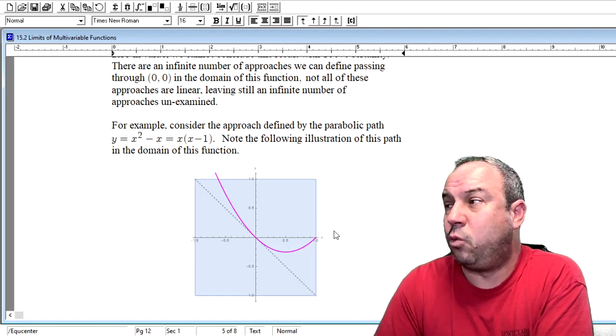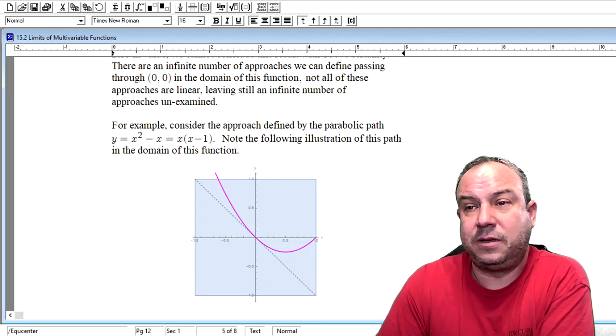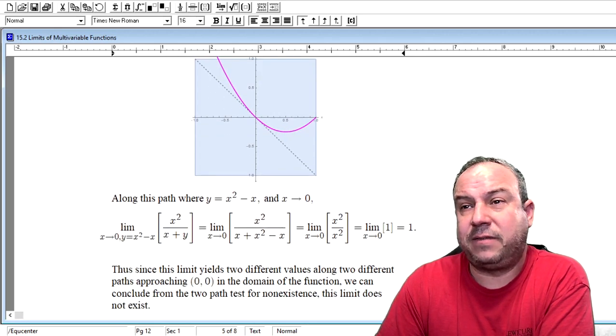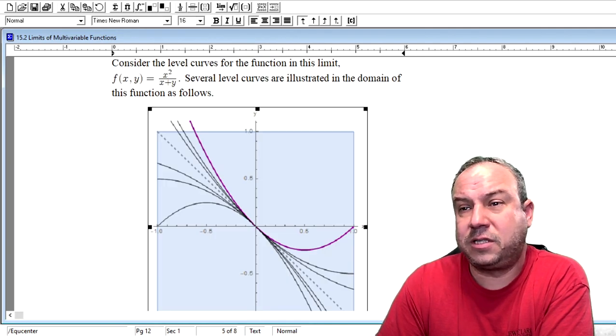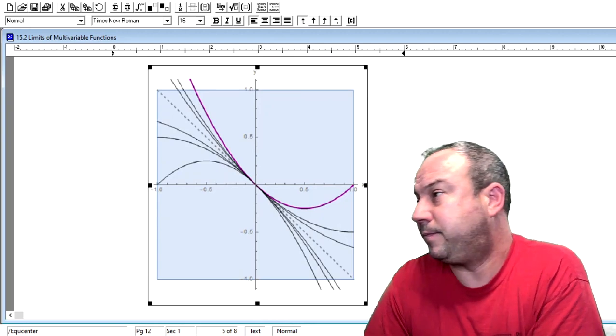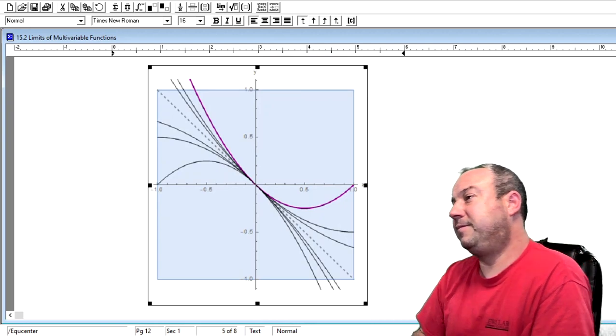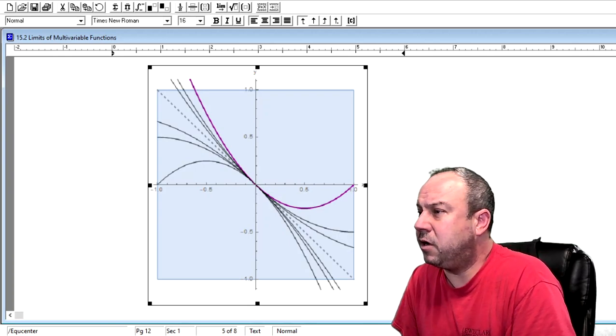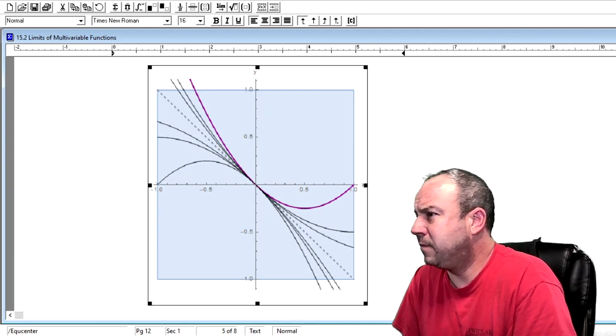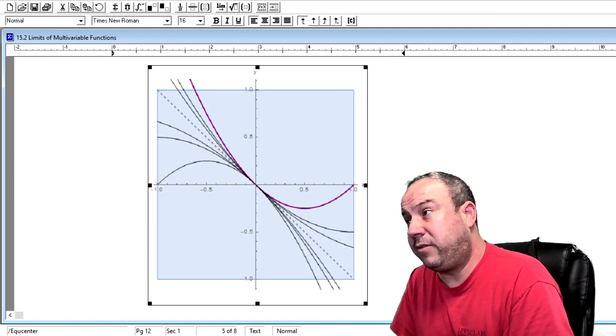You can see it as one of those respective level curves. And notice how all those level curves appear to behave. What does each and every one of those level curves appear to have in common? And then remember what those level curves show us.